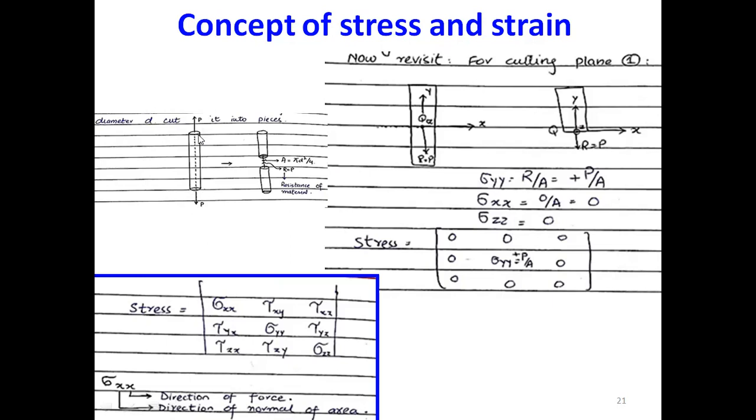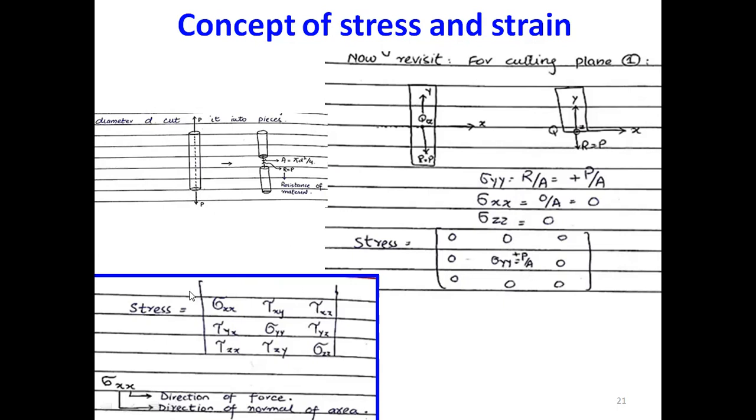Only we have load along the y-axis. So in this particular case, all the shear components would be 0. We have only one stress component, sigma yy, which is plus P by A.